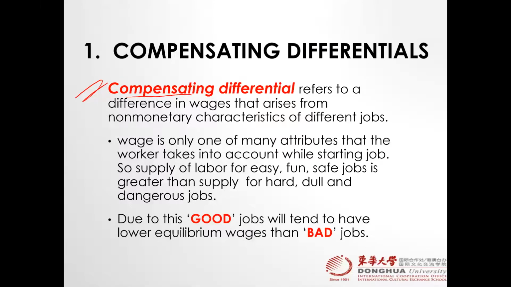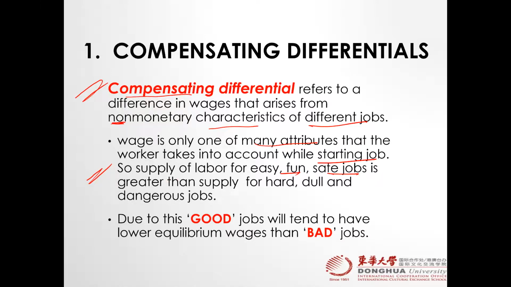So compensating differential, or differences, refers to difference in wages that arises from non-monetary characteristics of the nature of the job. So which means wages have many attributes that a worker takes into account while starting the job, there are some non-monetary factors as well. For example, everybody wants to do a fun-oriented job, a stable job.